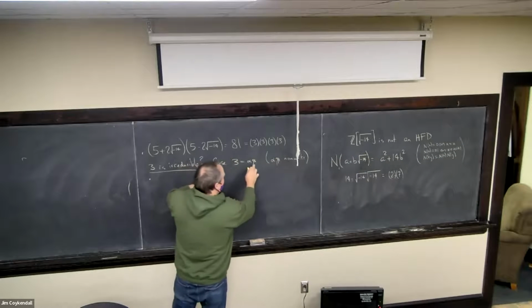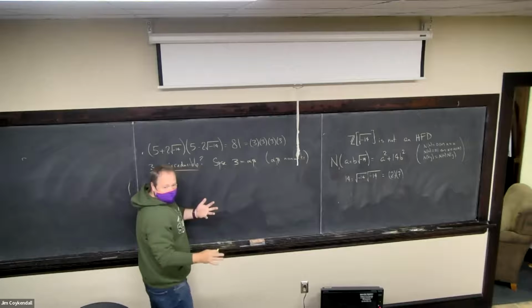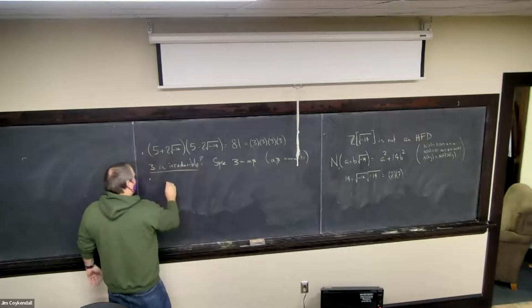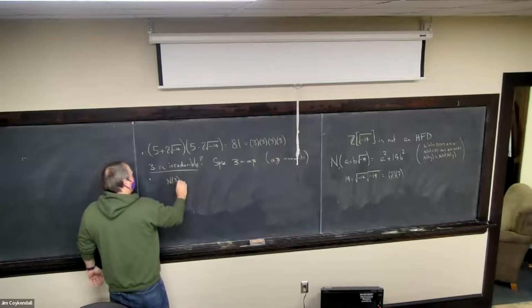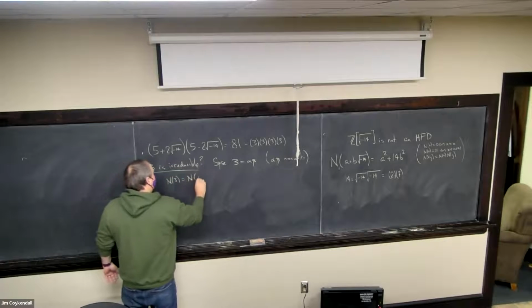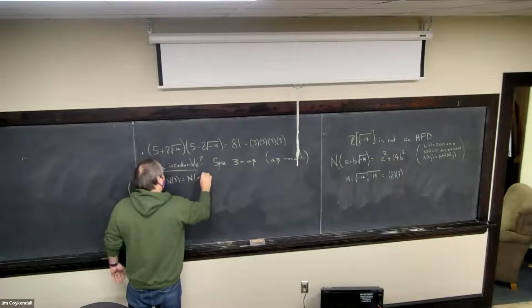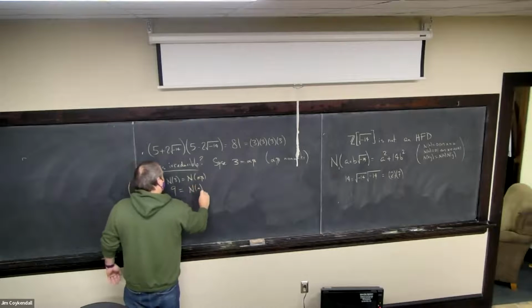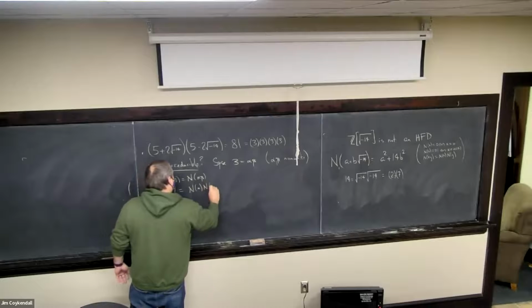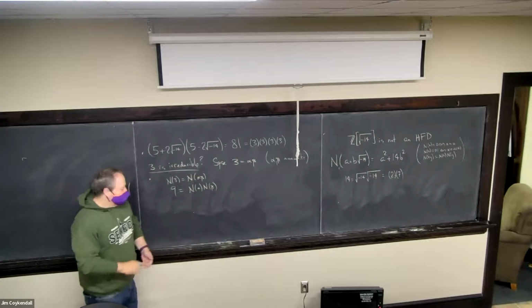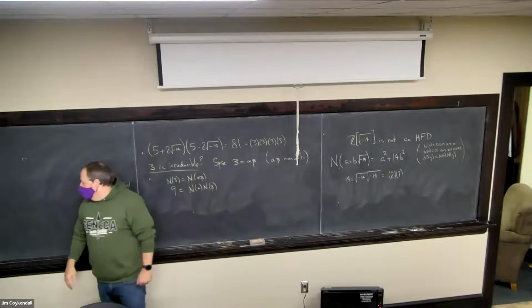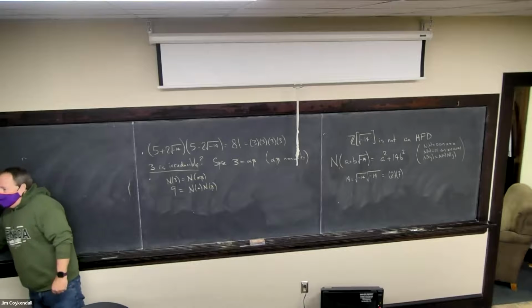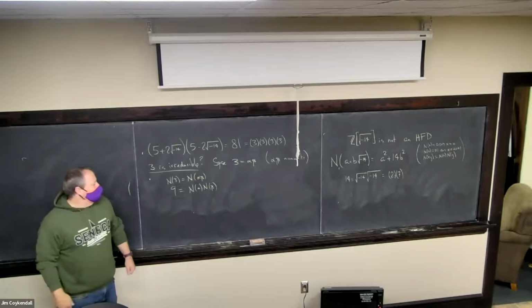So suppose 3 can be broken down into non-units, so it's not an irreducible. That means that the norm of 3 is the norm of alpha beta. And the norm of 3 is 9. Now, if you want to break this down, think about what we're doing here.